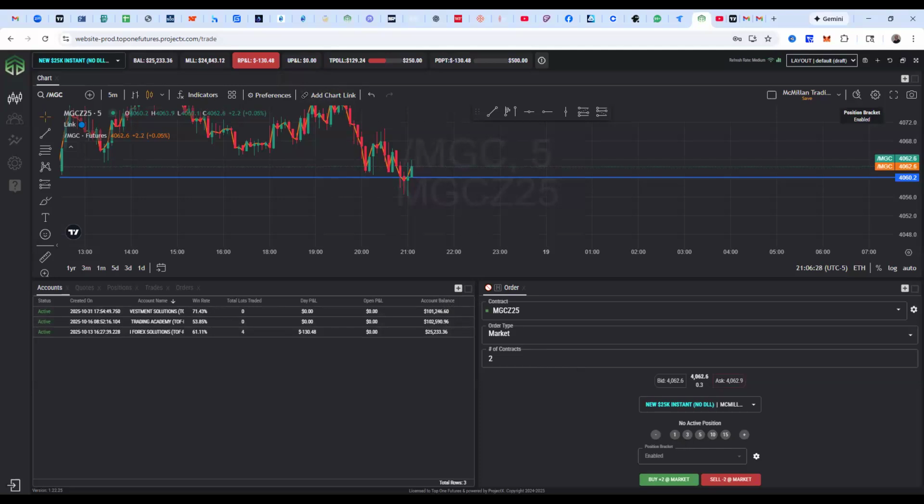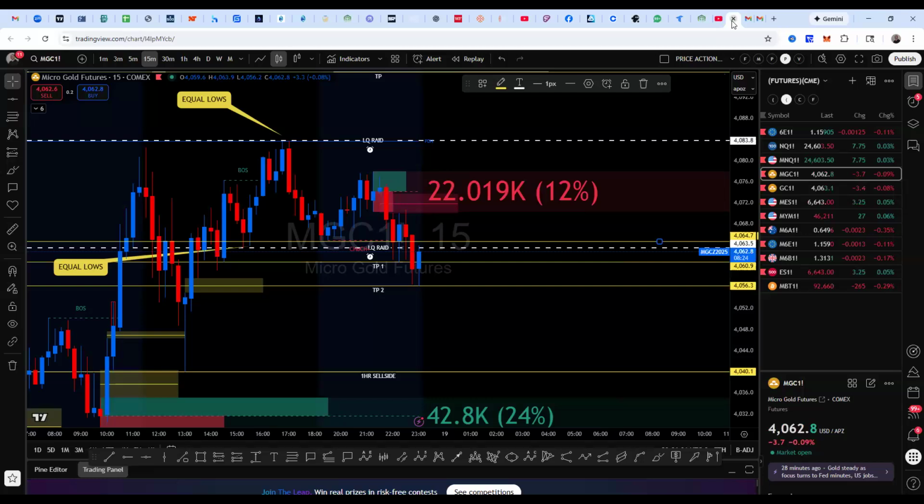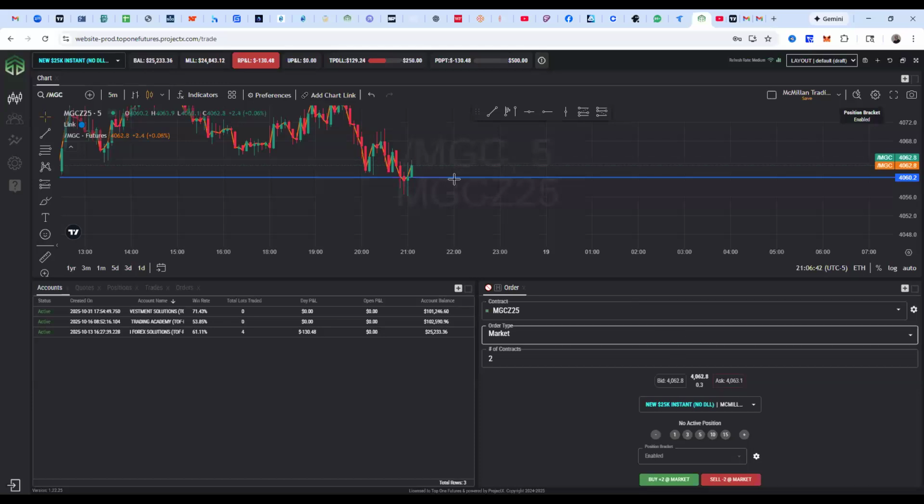I'm going to go in there. Let's see. I'm going to go ahead and take the trade and go the opposite, and then we'll see. Worst case scenario, if he loses his trade, then we'll be in a deficit, but it's all good. Let me go ahead and give it a shot.